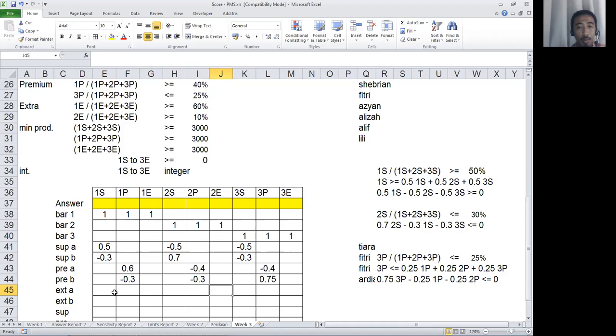Let's check this. It looks like 0.4. Oh yes. That's why. Sorry, because 1 minus 0.6, so 0.4.